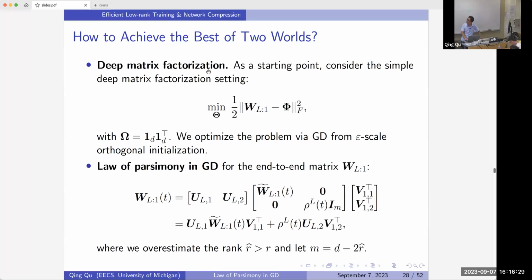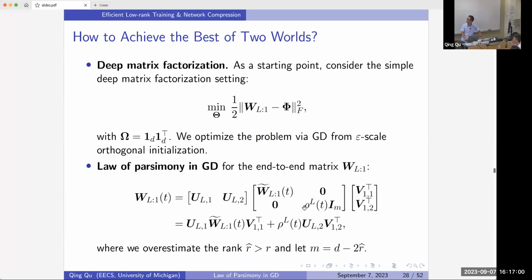By the low-rank parsimony, if you consider running gradient descent on the weights from a small epsilon-scale initialization, in our theory we can show that different layers of U and V are orthogonal to each other, so they can be canceled. Then you can write this end-to-end matrix in this form, because of the cancellation of U and V across layers.